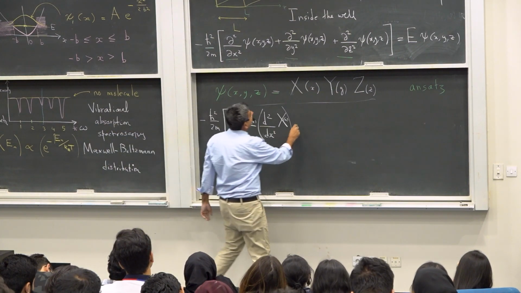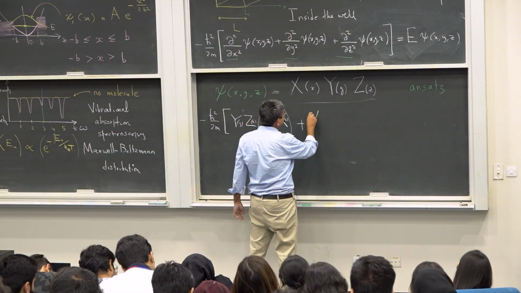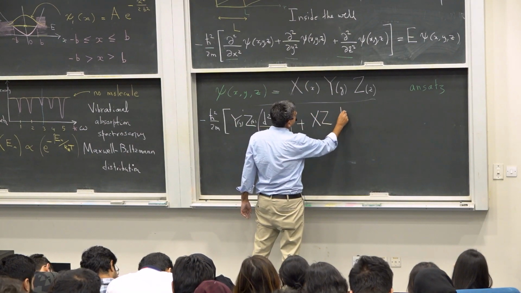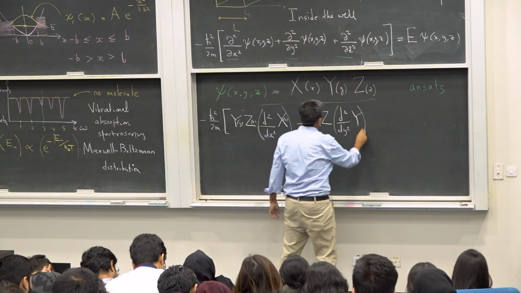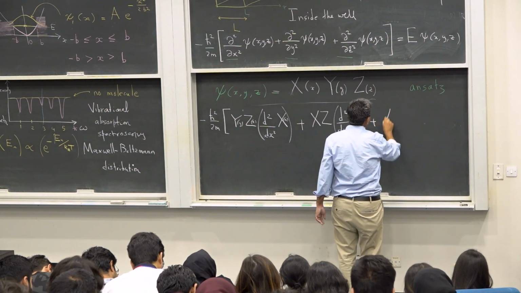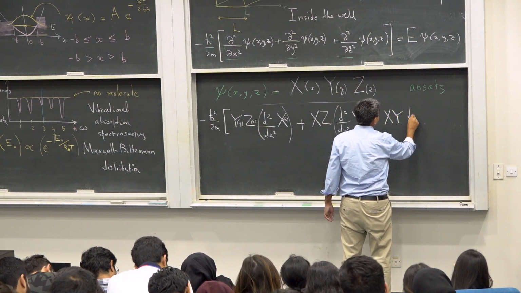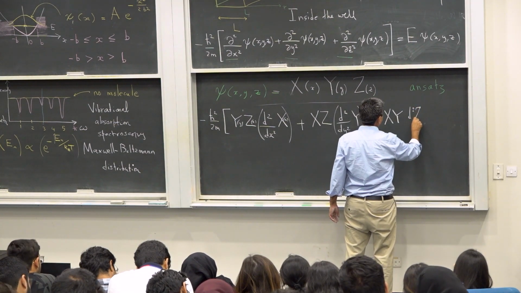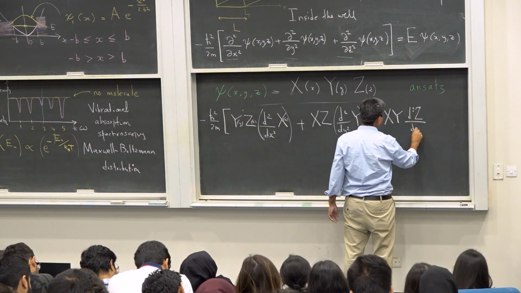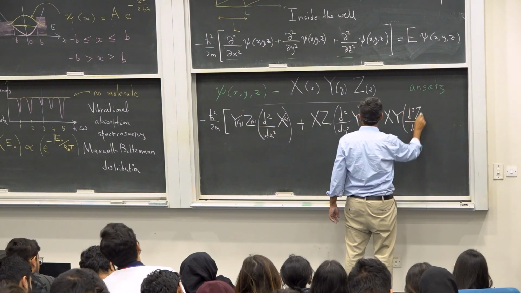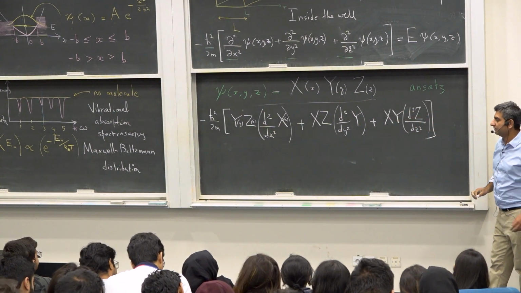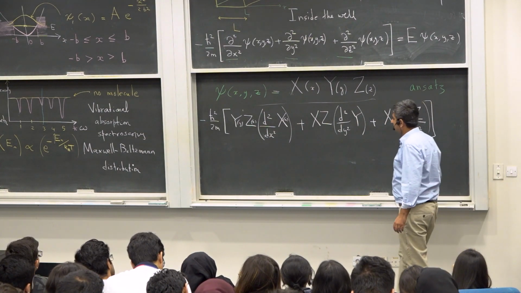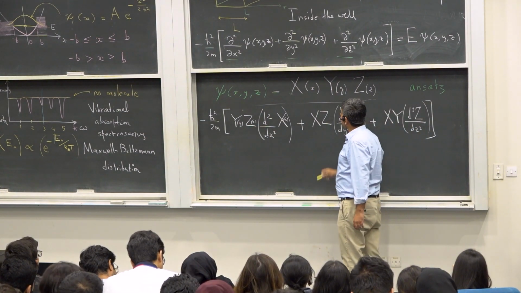Likewise, the second term will be X Z d square dy square of capital Y, plus X Y d square dz square of Z. Correct? These wave functions are not the Pauli operators.